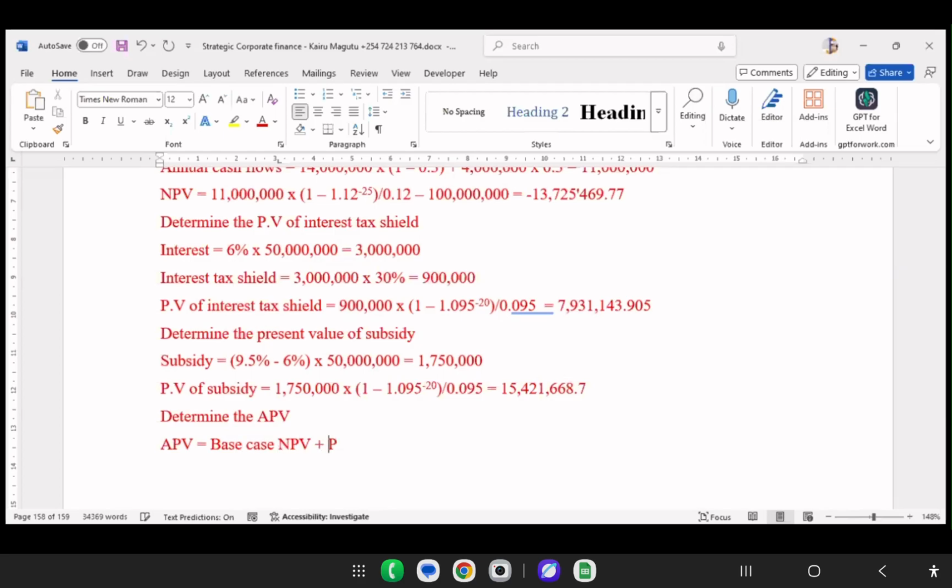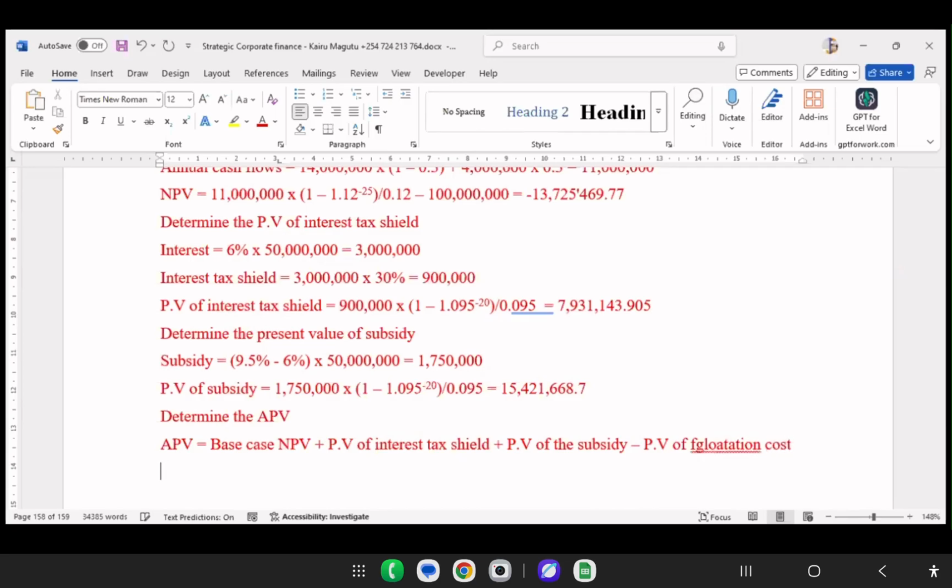We add present value of interest tax shield plus the present value of the subsidy, you minus present value of flotation costs.